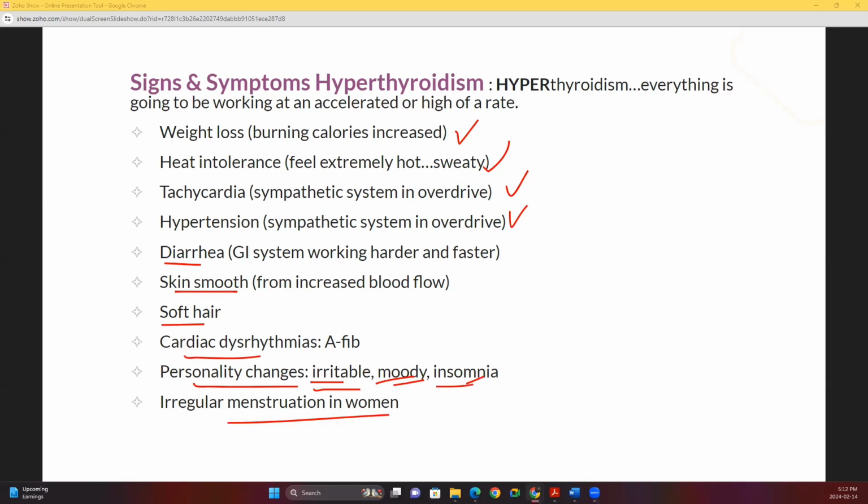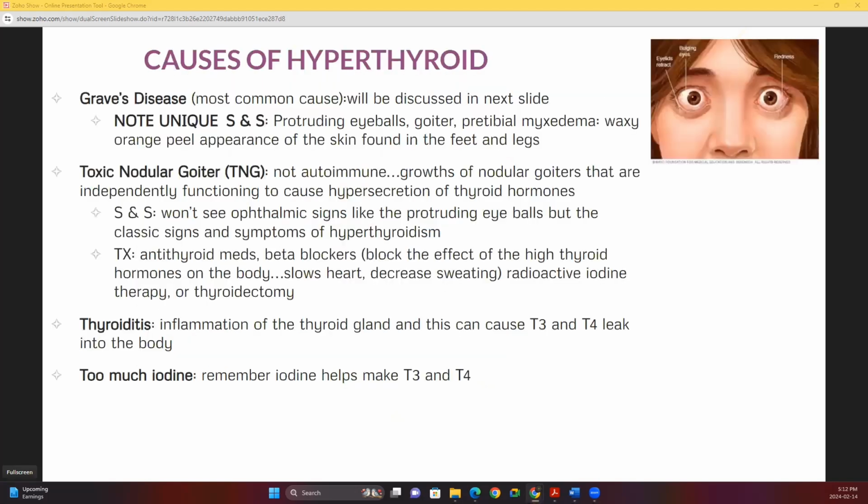Now, the reason why your body is producing too much thyroid. The number one reason is cancer. Iodine: high iodine or low iodine? High iodine. Or if there is any infection in your thyroid, it is producing too much. And we have Graves' disease, which I will discuss later.